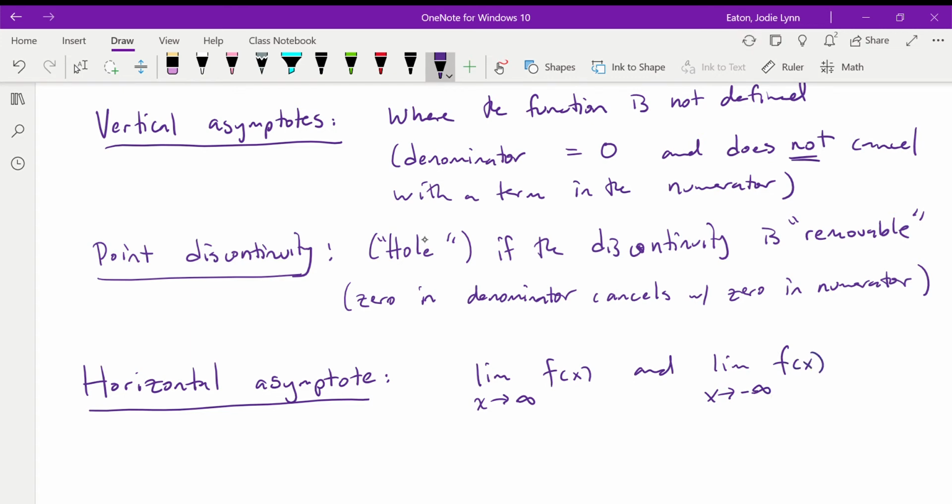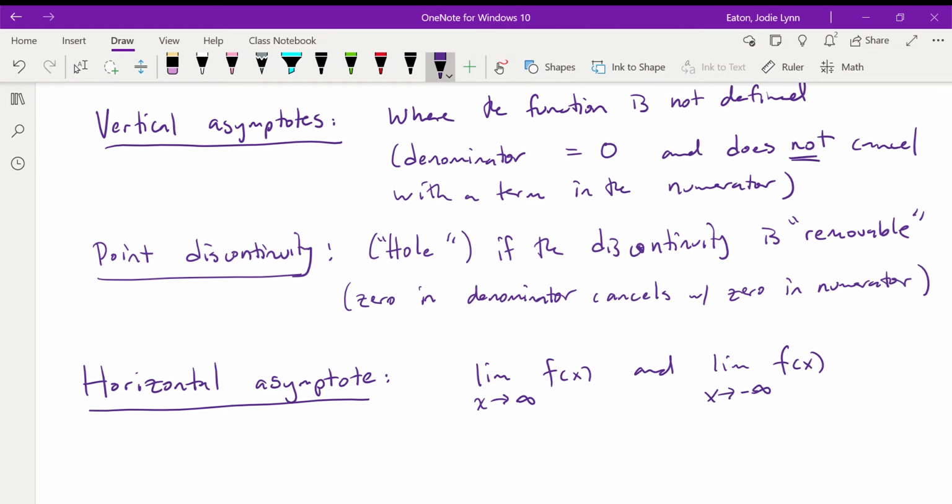So it's what's happening as x attains extreme values. Often a horizontal asymptote is when those are equal to a number, when they're not just infinite. If it's infinite, the function just continues increasing. If it's negative infinity, the function just continues decreasing infinitely. It doesn't approach a particular number.